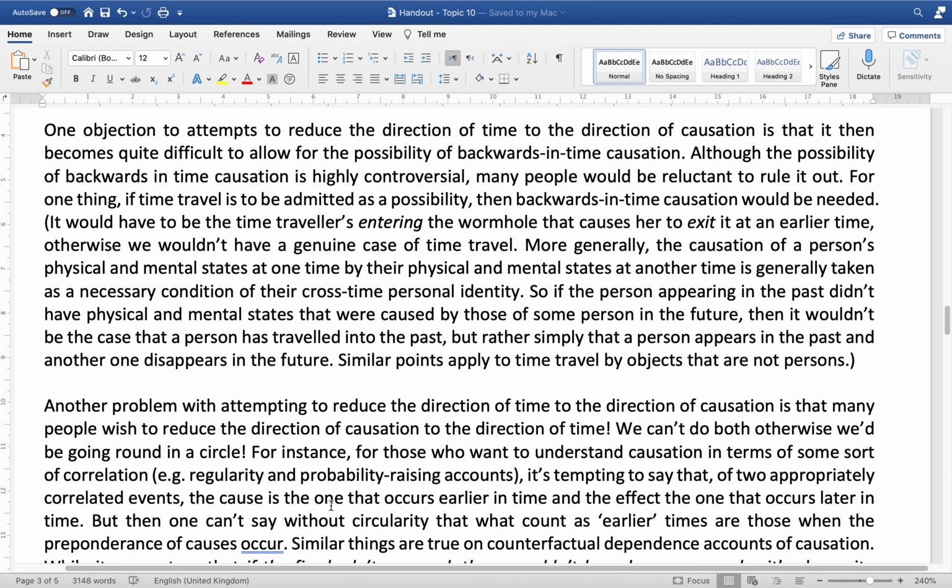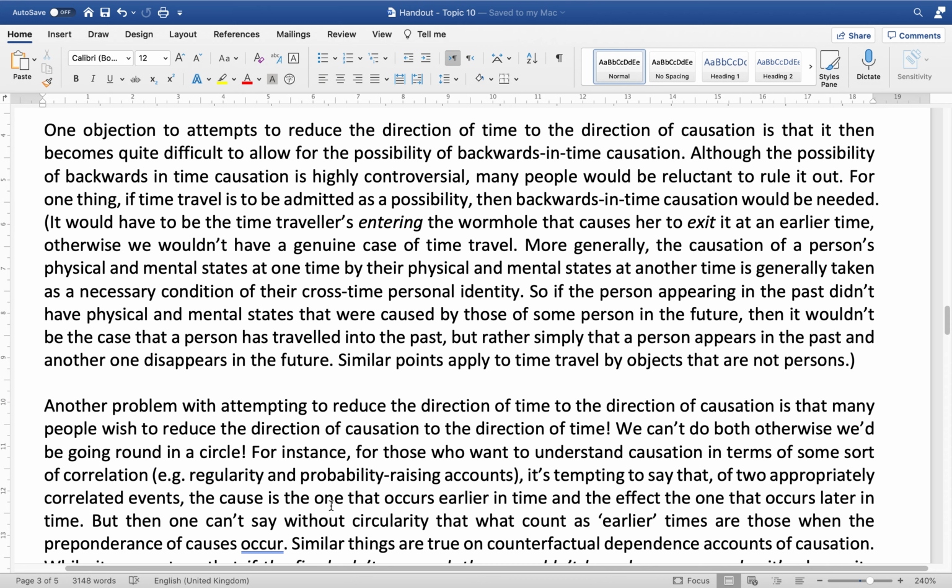So we might be reducing something mysterious to something that's also mysterious. So maybe you might have qualms about that. Obviously, if the direction of causation could be reduced to the direction of entropy increase, then given that entropy increase is a reasonably well-defined physical phenomenon, maybe that could eliminate the mystery. But still, we've got issues.